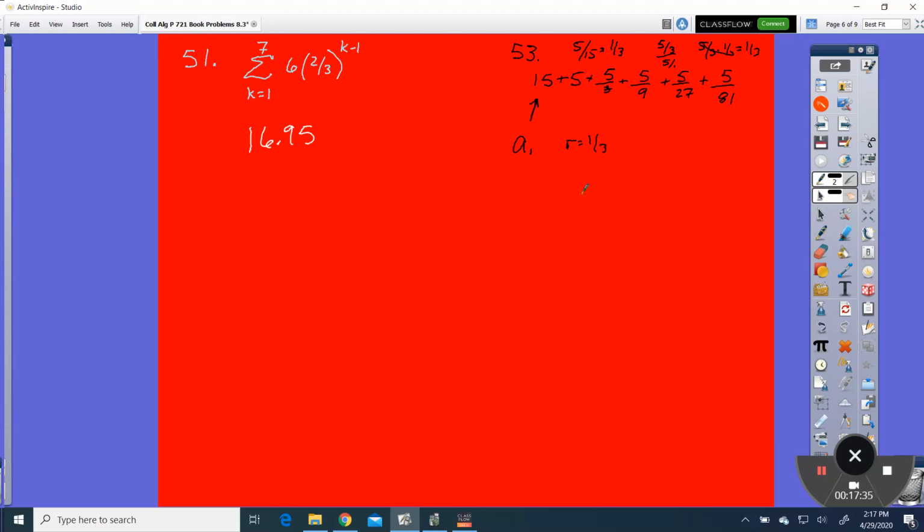Okay, so if I were to create a formula, it would look like this. K equals 1 to 6. The first term is 15, and then the r, n minus 1. Okay, or I could just type this in the calculator, hit enter, math, enter, enter, and it'll change it back to a fraction.